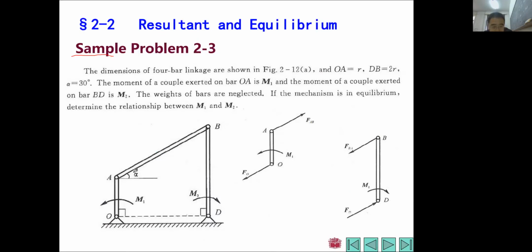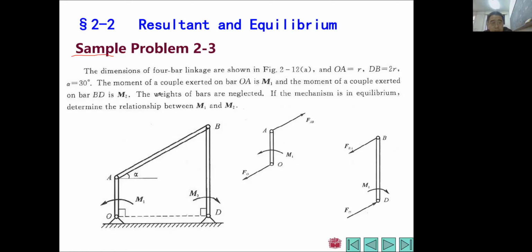And the direction of AB has an intersect angle with the horizontal line, alpha. The moment of a couple exerted on bar OA along the counterclockwise direction, which is positive, is M1 here, right? And the moment of a couple exerted on bar BD, named M2, you see it's clockwise, so it's negative.